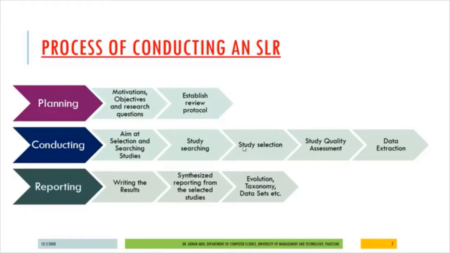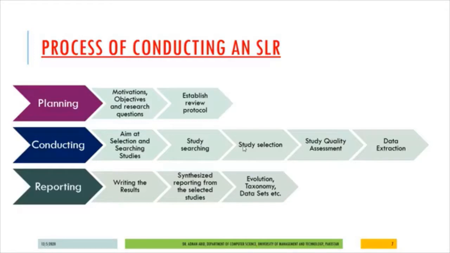So what we intend to do in this quality assessment part is to figure out articles which have been published in good venues, and there are mechanisms for that as well. We'll see in coming slides. And eventually, once we have selected a reasonably good set of articles, then we extract data from them.